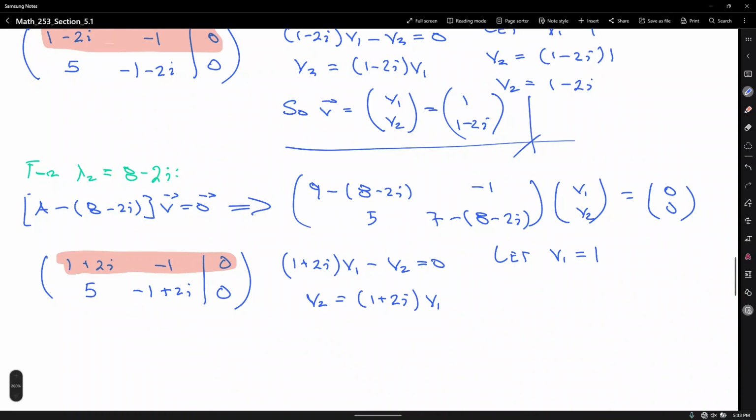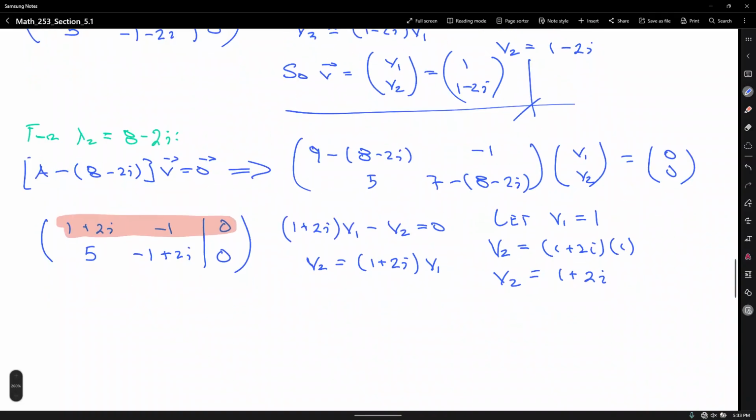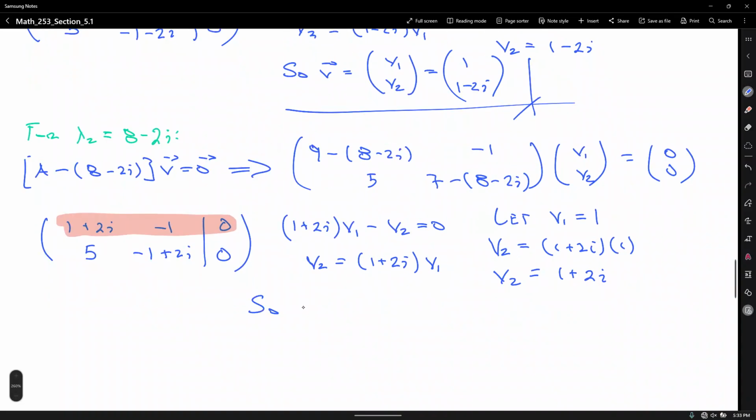So that means v2 equals 1 plus 2i times 1, which is 1 plus 2i. So the eigenvector v with components v1, v2 will be 1, 1 plus 2i.